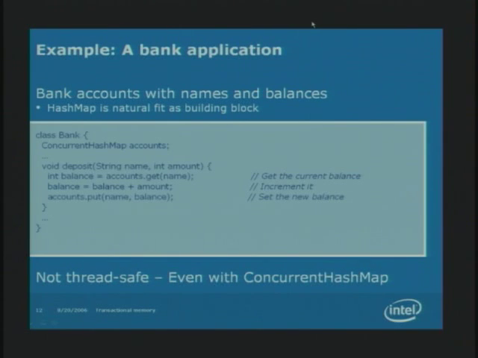It then increments the balance, and then it puts back the new balance into the same account. Now, the problem with this code is that it's not thread safe. There's a data race in this code. So even though the underlying map structure that I'm using for accounts is thread safe, when I've composed it together to build a longer sequence of code, this code is not thread safe.